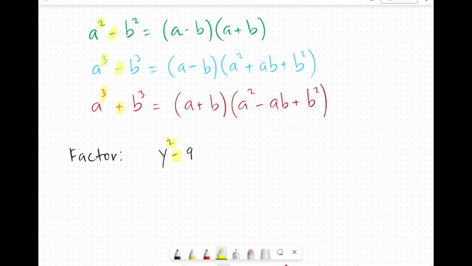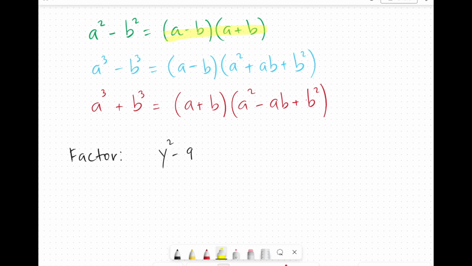Well, clearly this looks like the green formula because the sign is negative and the exponent is 2. So our task is to write the right side of the formula and then we will be done.